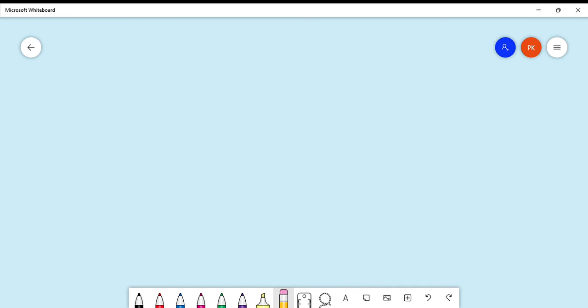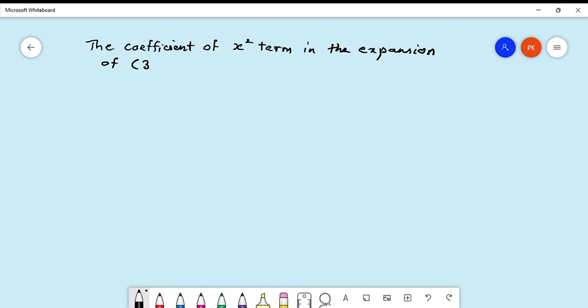Now, the coefficient of x square term in the expansion of 3 minus mx, the whole cube, is 154.